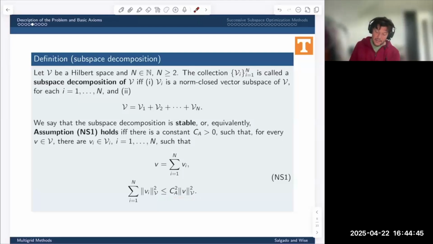This constant doesn't depend on the decomposition that I have, and it's independent of N. It only depends on V in the way that the norm depends on V. Otherwise, this constant is just some universal constant describing our decomposition. So this is what we call a stable decomposition.